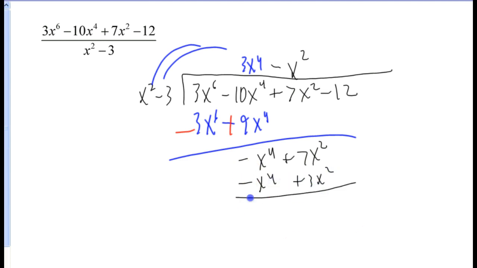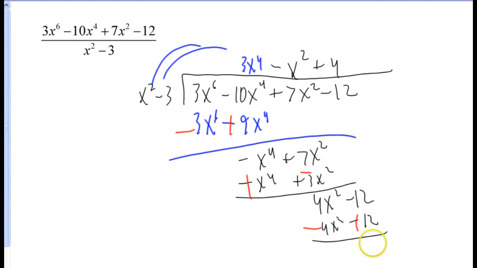We're going to subtract both those, and we get 4x squared minus 12. And so we're going to multiply by plus 4. So we get 4x squared minus 12. We're going to subtract both those terms. And when you do that, you get a remainder of 0, finally.